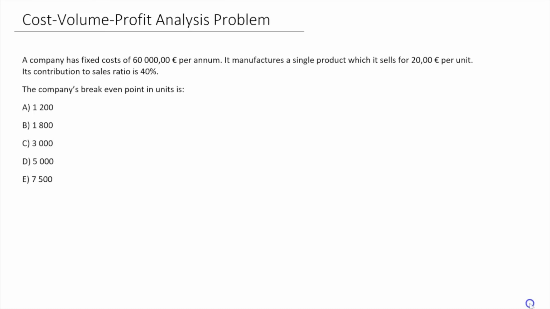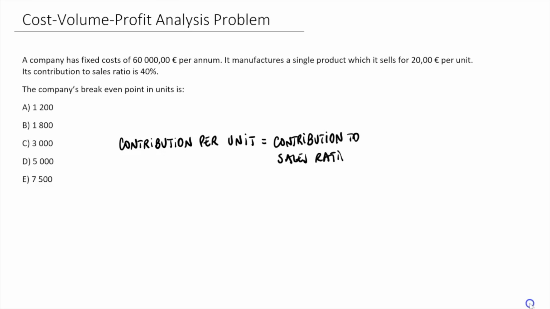And we have the possibility to calculate the contribution per unit because the contribution per unit is the contribution to sales ratio times sales price per unit, of course.